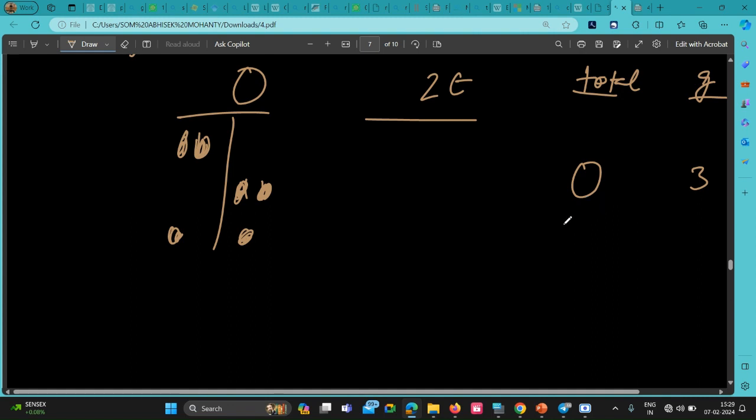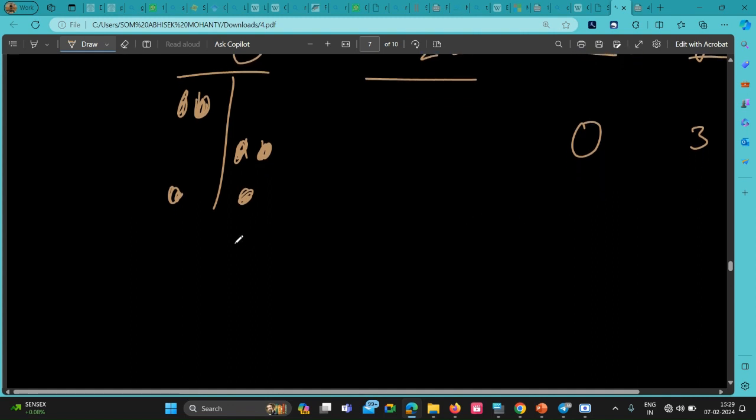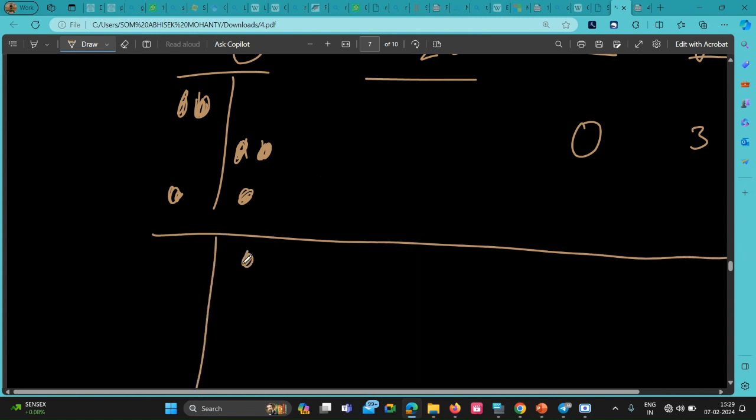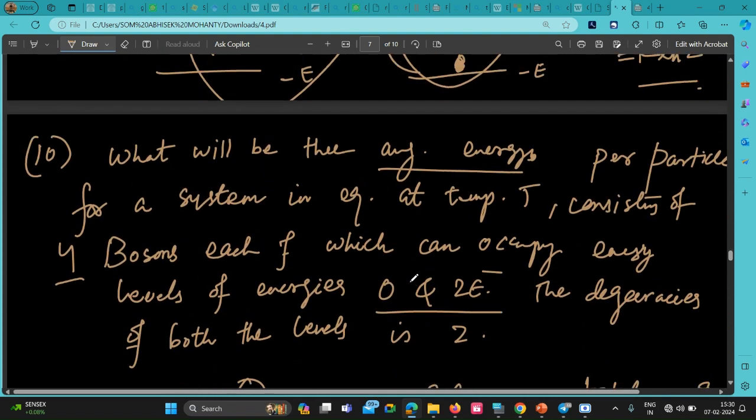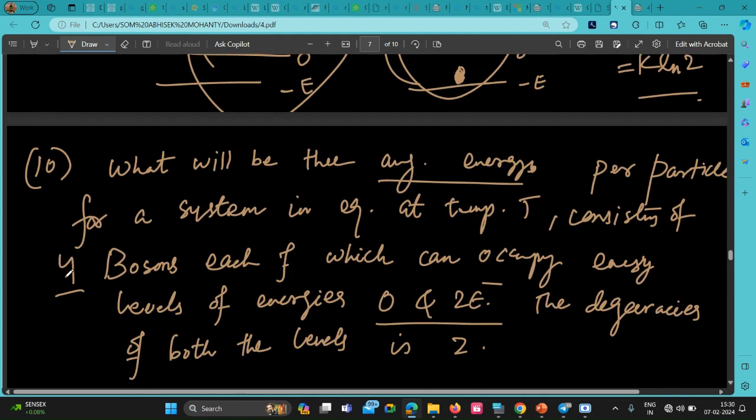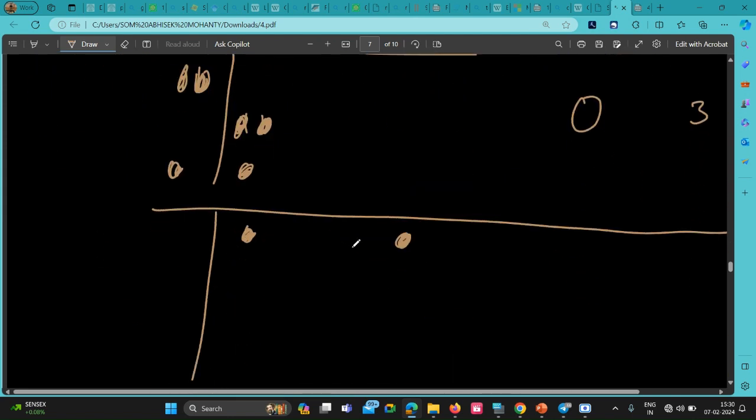Now, for example, I will have one particle here and one particle here. So this is not four bosons, this is two bosons only. One particle here, one particle here, giving me 2 epsilon.